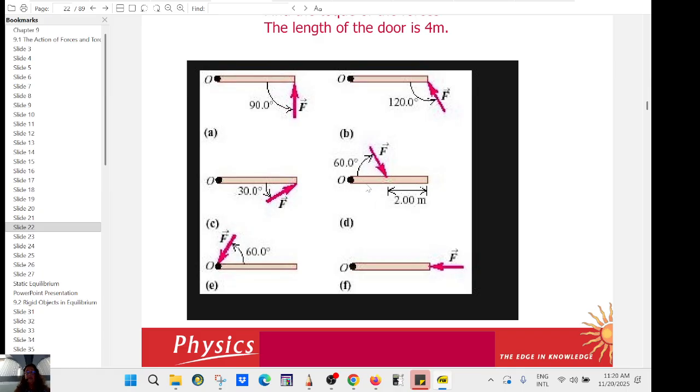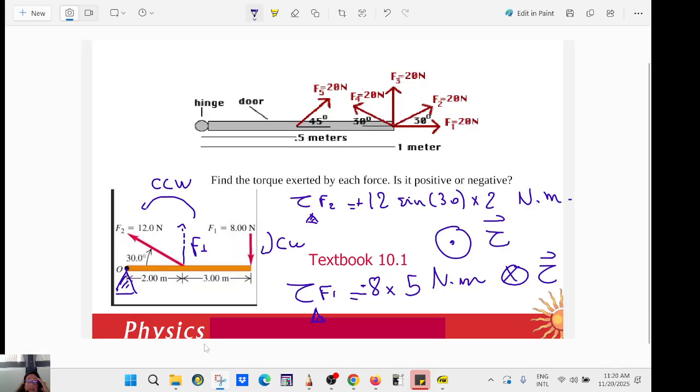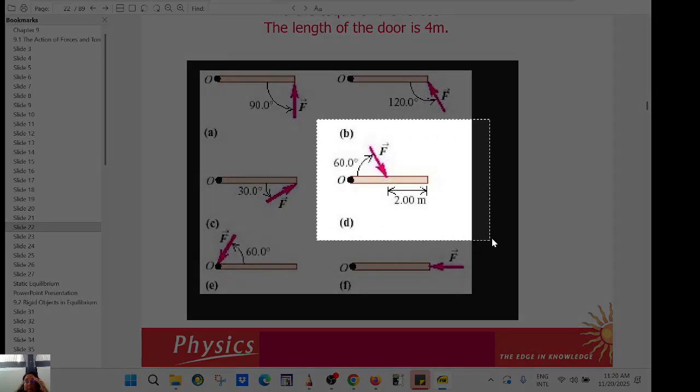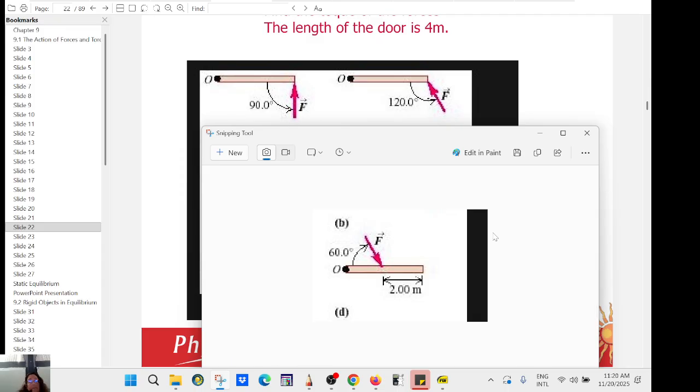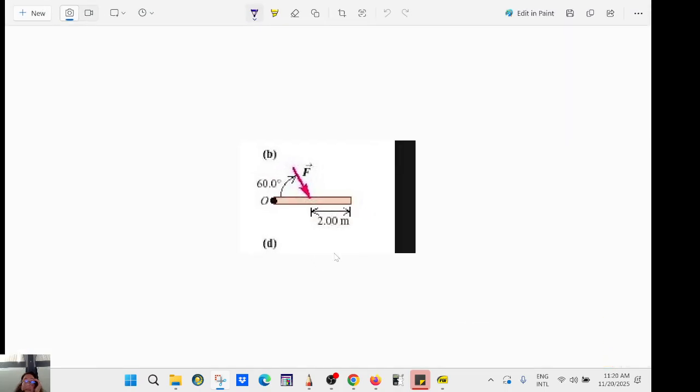So if you want to do this one, for example, 2 meters, I guess it's at the center. You can take the perpendicular component here, right? Only this one is doing the work, and that will be a sine, sine or cosine of 30.